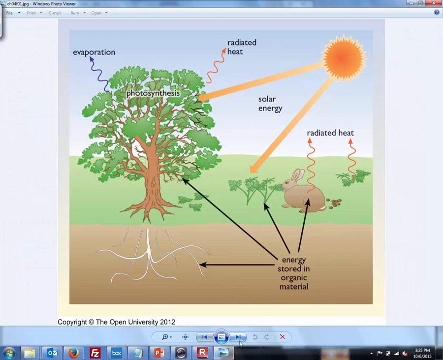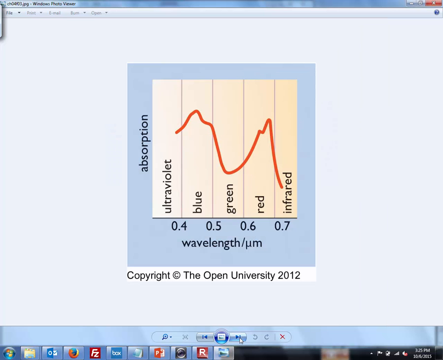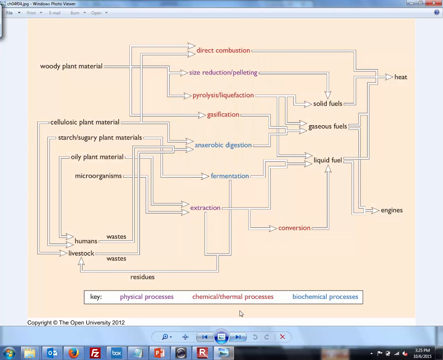So we've looked at kind of the fundamentals of energy flow, photosynthesis. We've talked a little bit about CO2, how it's going into and out of the atmosphere. Talked a fair amount about the absorption spectra of leaves and why they're green. Now I don't think we got too much into these guys, so let me just hit this figure a little bit.